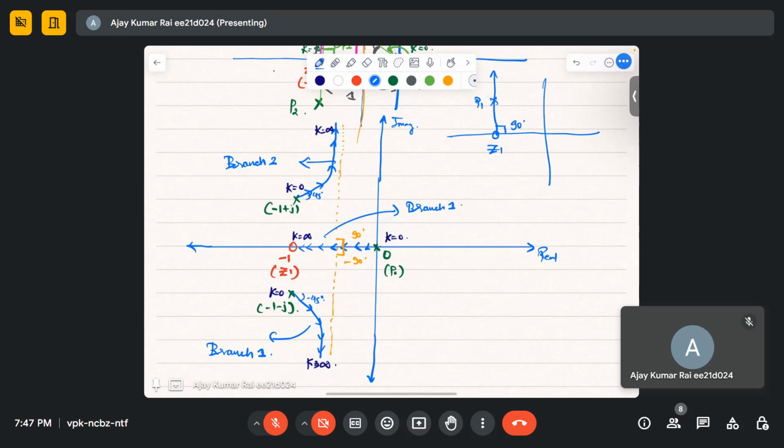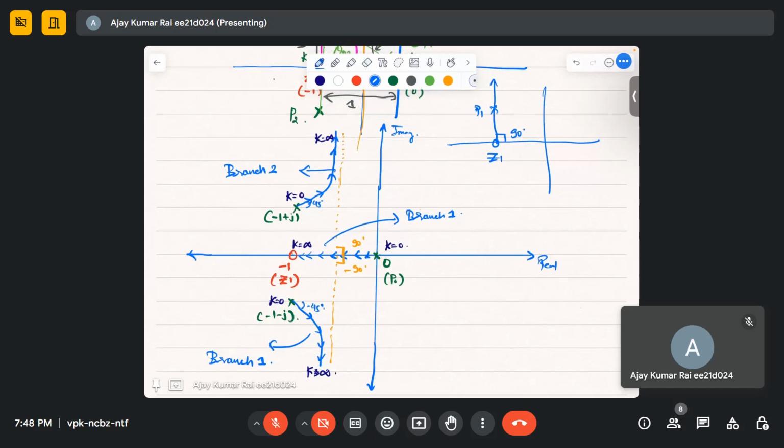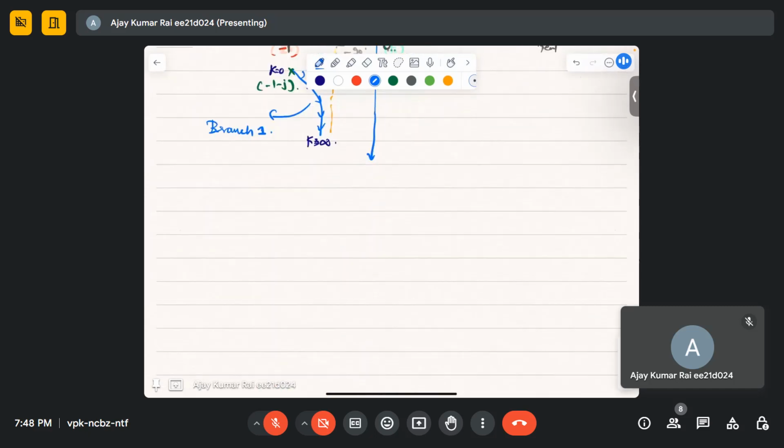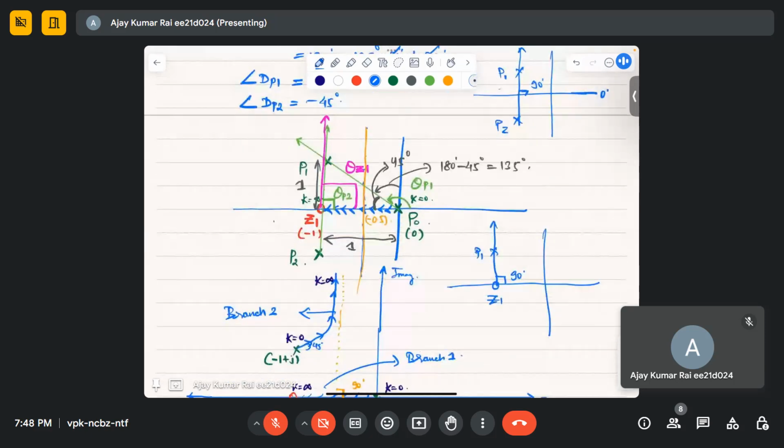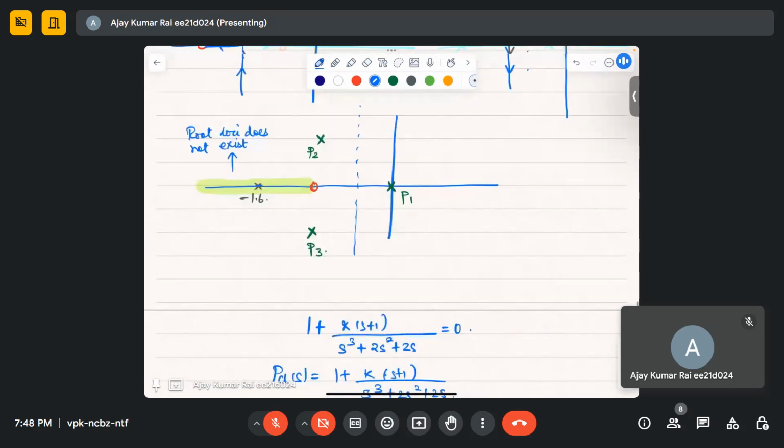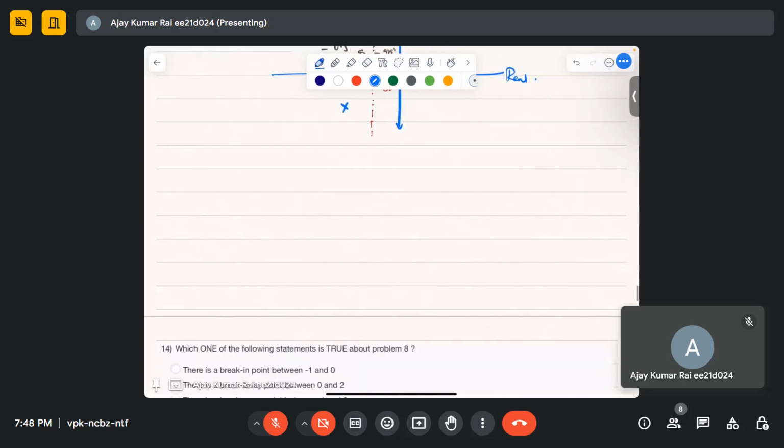And we can say that this is a stable system, right? So all the poles are lying on the left half plane. So any question for today's session?